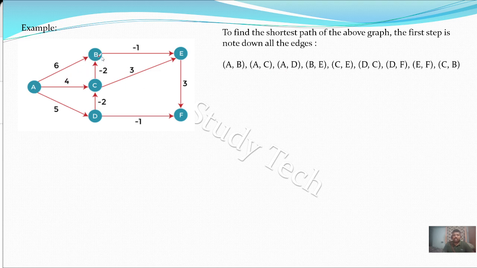Now B to E. Then C to E, C to D, and C to B. Now D to C and D to F. And E to F. Like that you can note down all the edges.